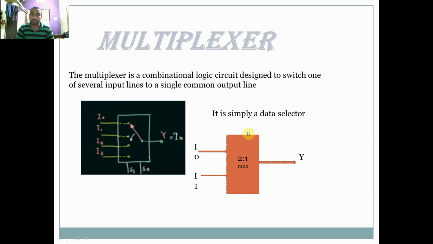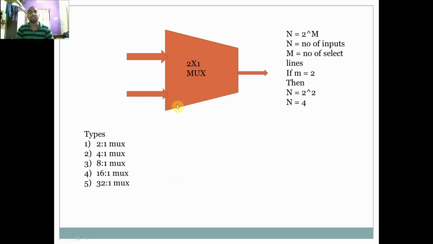This is a diagram of a 2 is to 1 multiplexer, in which there are two inputs and one output. It can also be shown like this. In this diagram also it is the same. We have a formula: n is equal to 2 raised to the power m, where n is the number of inputs and m is the number of select lines.